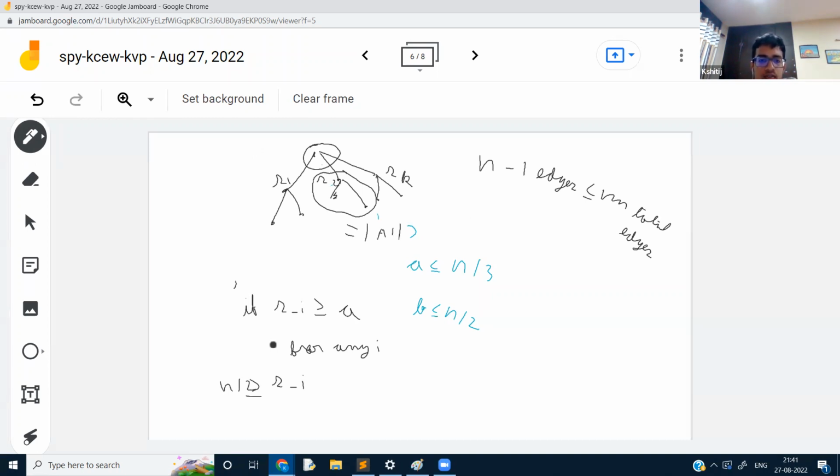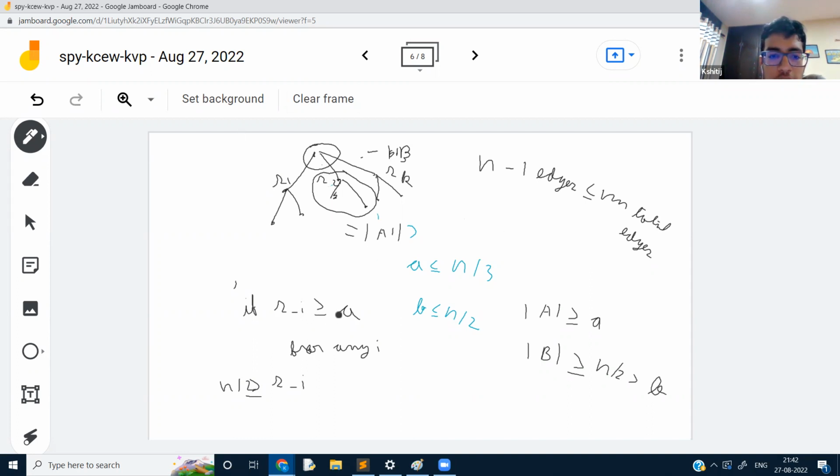Let this be set A and the remaining be set B. Size of A is at least A, and size of B is at least n by 2, which is greater than B. So we can find a connected component of size B in this, a connected component of size A in this, and we can assign everything else to C.